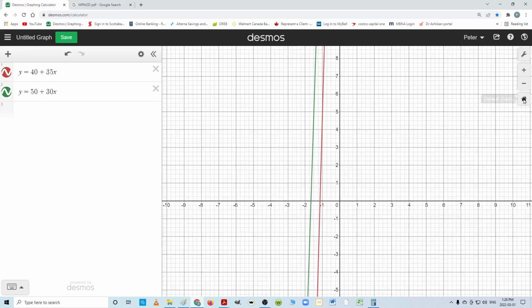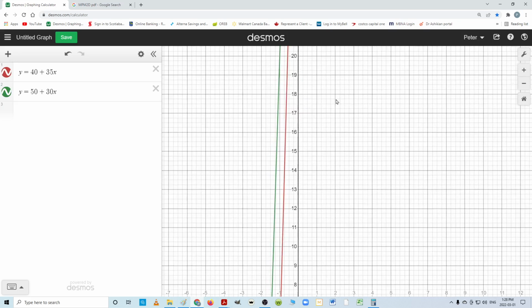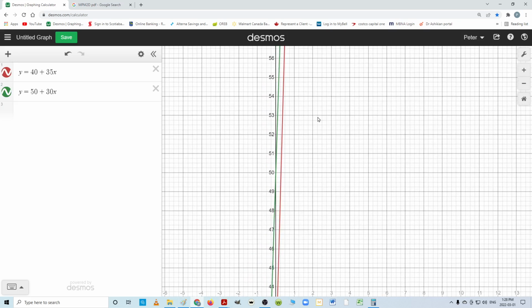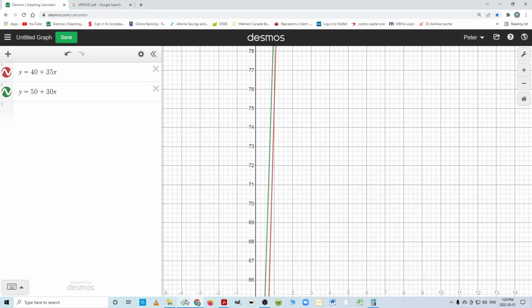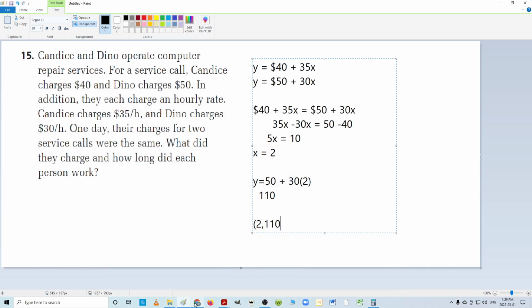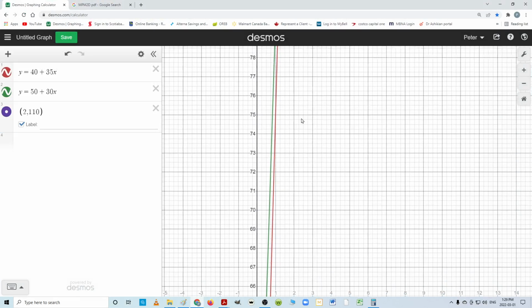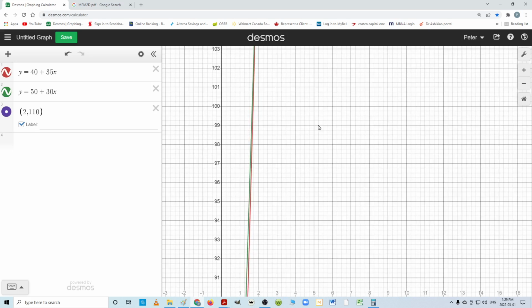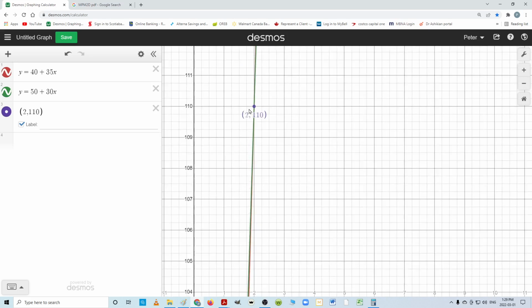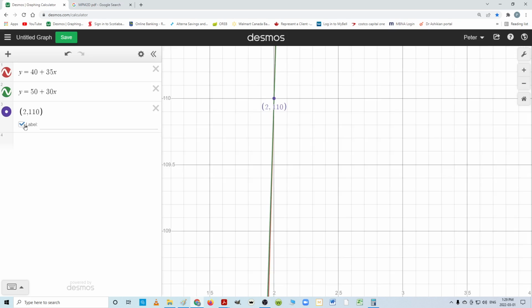And you can always click home, and it'll make it a little bit easier. But like I said, they should meet way up at, where did I say? 2, 110. So let's just put in 2, 110 and label it and see if that's where they meet. Okay, I'm going to undo that and just make sure.